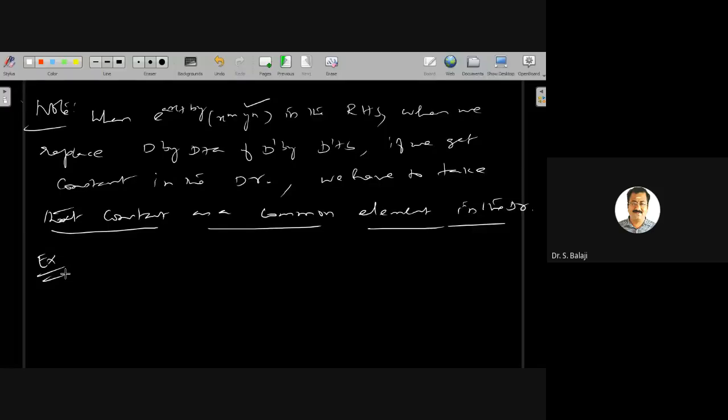Based on this idea, you have an exercise problem. If possible, try and check: z equal to e power x plus 2y into 2 plus 4x. 2 plus 4x is an algebraic polynomial, a single algebraic polynomial.